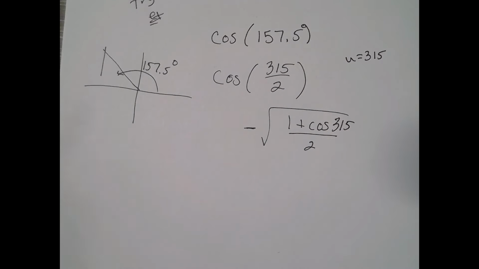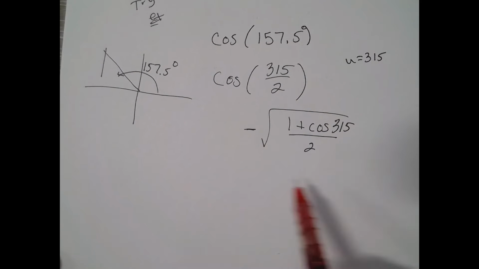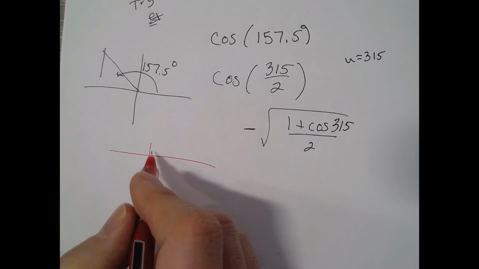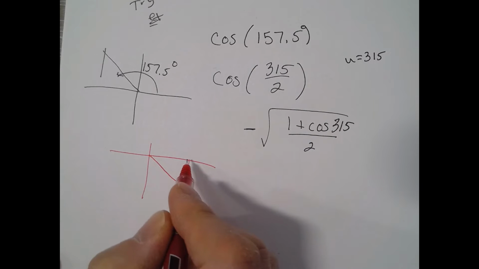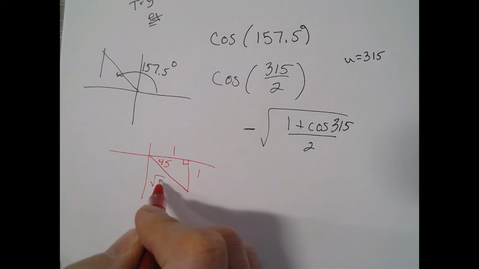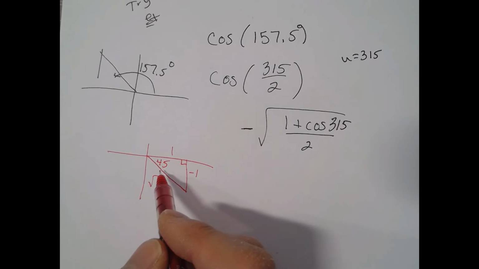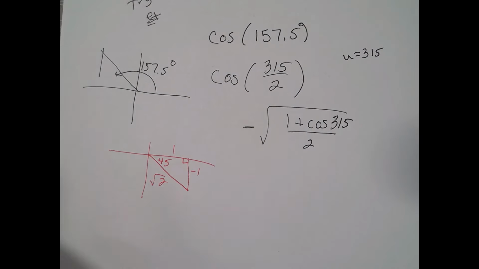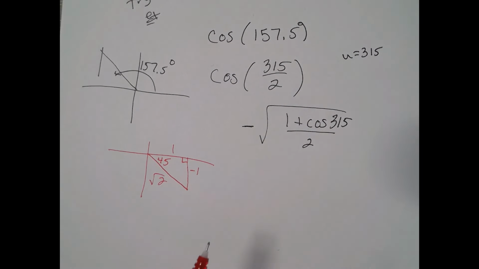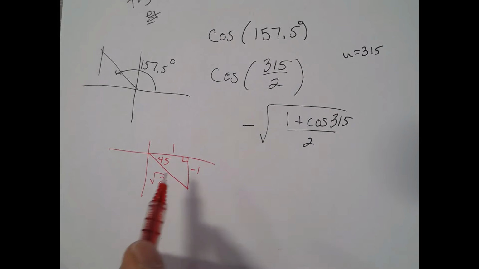I'll pause it and give everybody a little more time here. Alright, 315 degrees, that is way over here. It's another one of these 45, 90s. This one is positive, this one is negative. 315 degrees produces a 45-degree reference angle in quadrant 4. So the cosine of that would be 1 over square root of 2 or square root of 2 over 2.